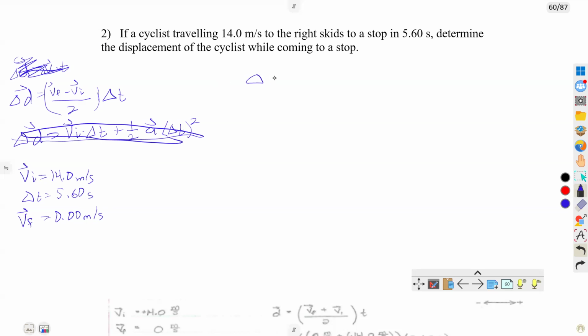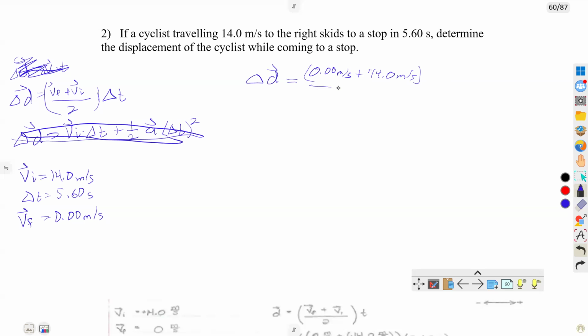So change in displacement equals our final velocity, which is 0 meters per second, plus our initial velocity, 14.0 meters per second. And again, this is to the right, so that would be a positive value.